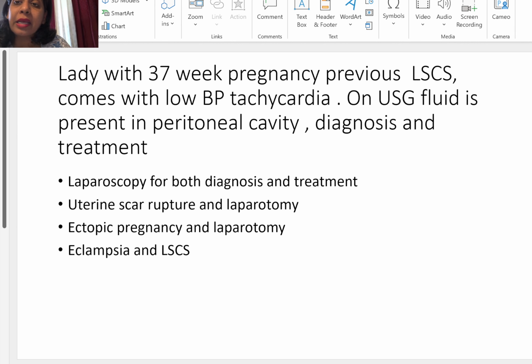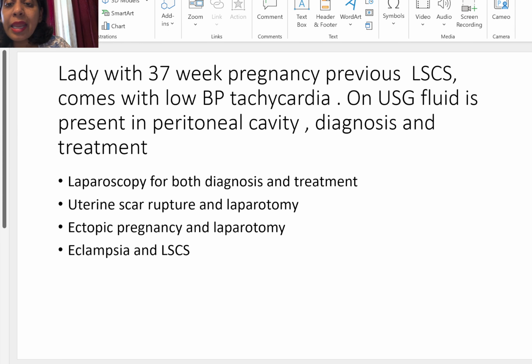The previous scar has ruptured, that is why there is fluid in the peritoneal cavity, and that is why the patient is going into hypotensive shock. And the treatment, as I already told you, is laparotomy. We have to open and approach the peritoneal cavity, stitch the uterus and create hemostasis.